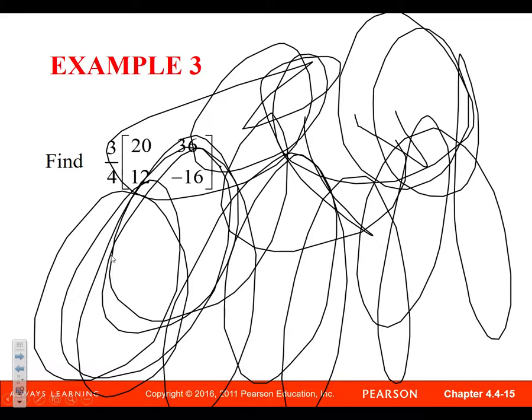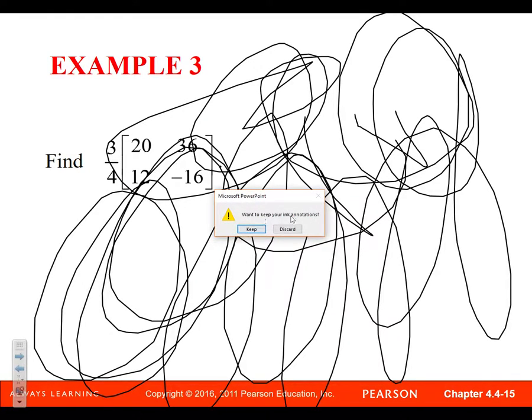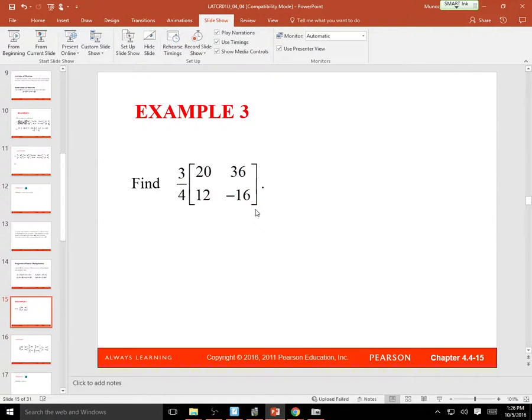Nice. Okay, there you go. It's not erasing either. You messed up, Munoz. Because I did it with the mouse. Now I don't even want to touch it. You want to keep your ink?